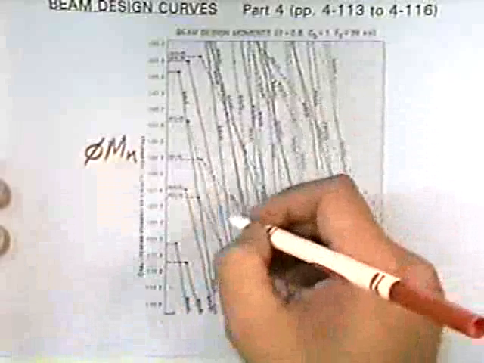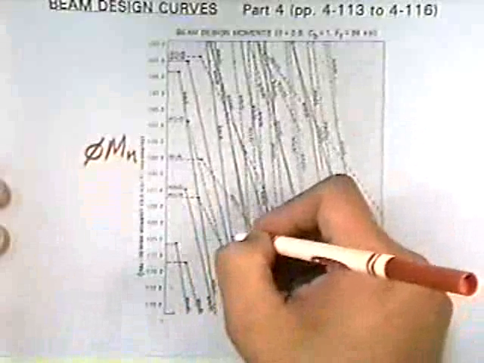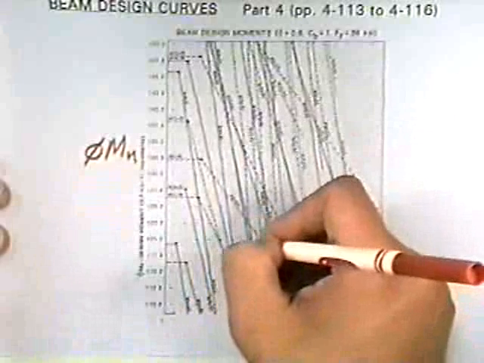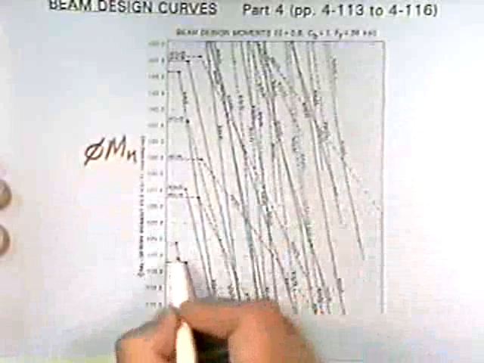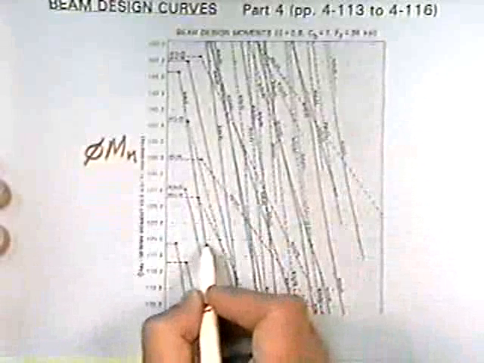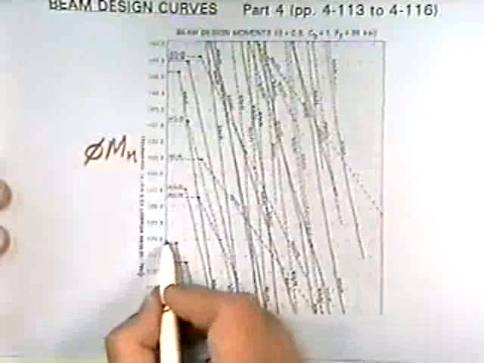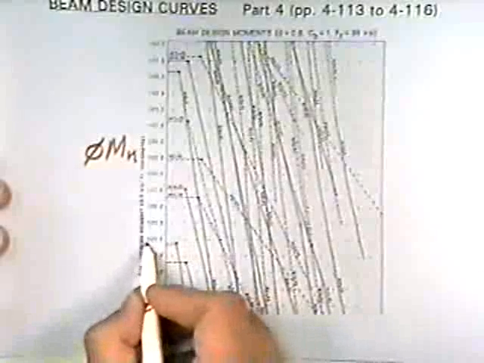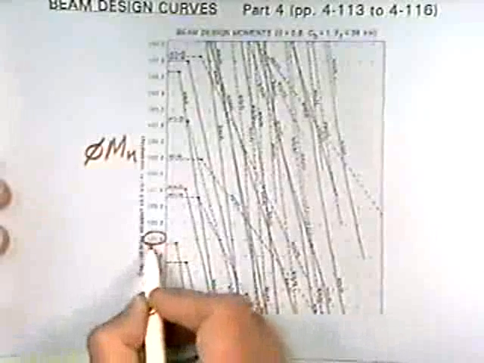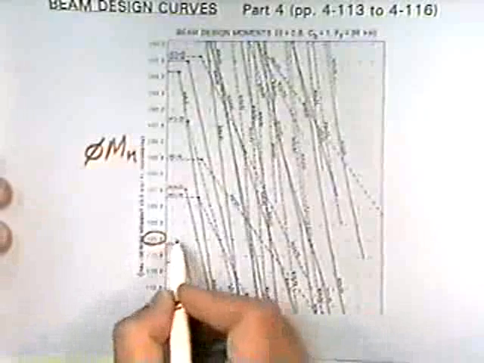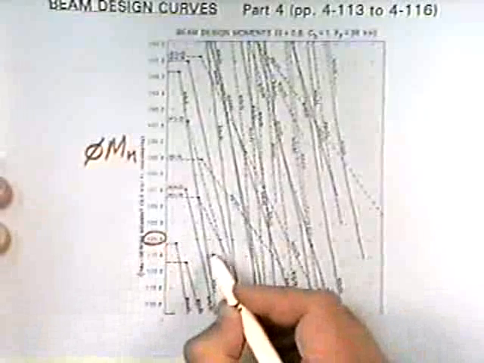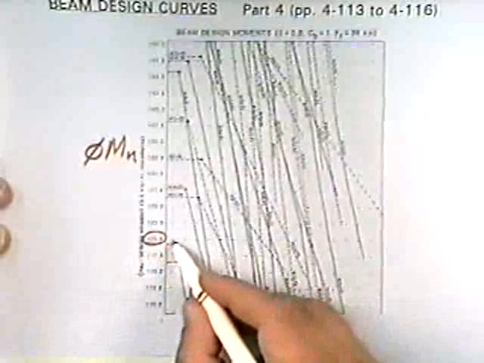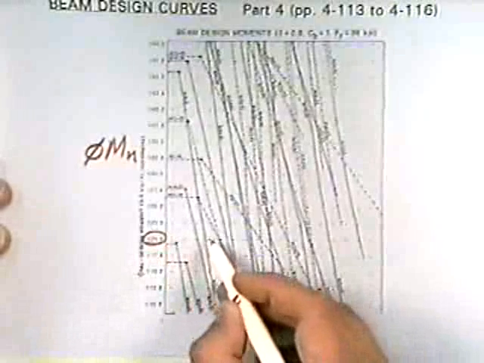But say we have a moment capacity required in our beam of 120 kip feet, and our unbraced length is, I believe, 10 feet.